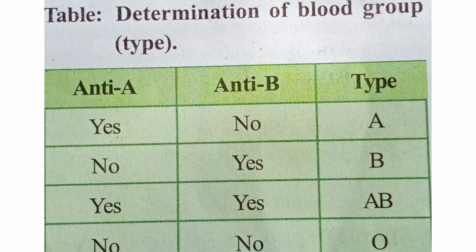Next, if the agglutination in anti-A is yes and in anti-B is also yes, then the type is AB. Next one, if the agglutination in anti-A is no and anti-B is also no, then the type is O.